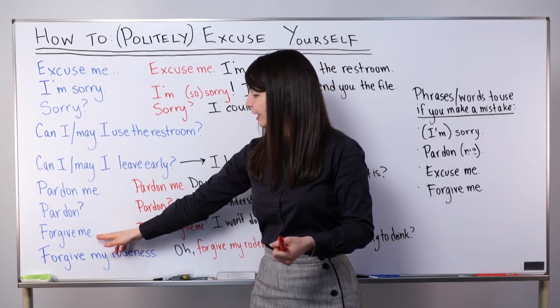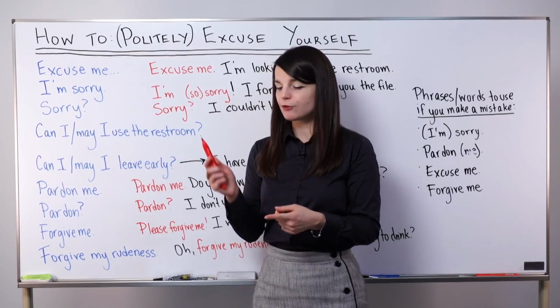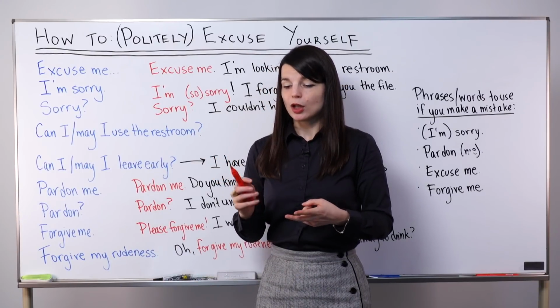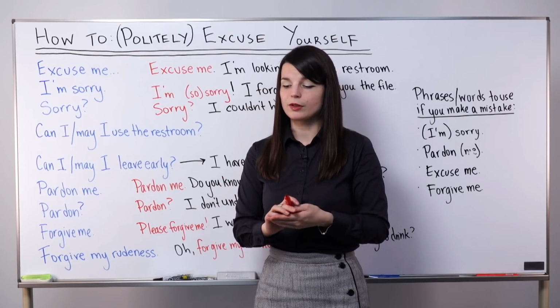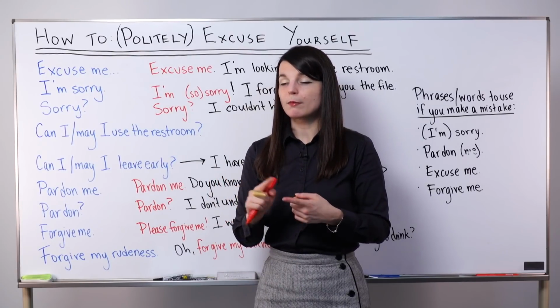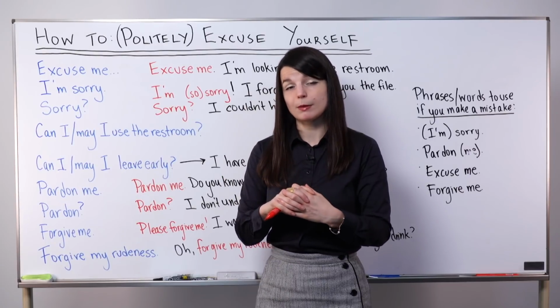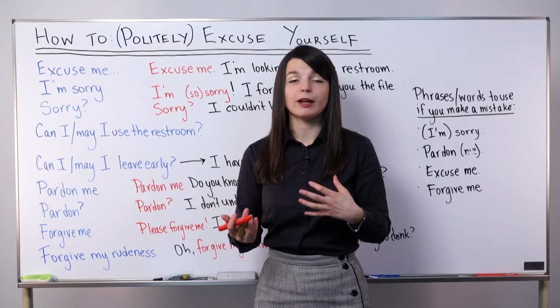So forgive me. We use this expression after usually a big mistake, and we use it usually with people we are very close to. So this could be like your mother, father, grandmother, grandfather, your close family members. You could use it with your partner, your spouse, husband, wife, whatever.